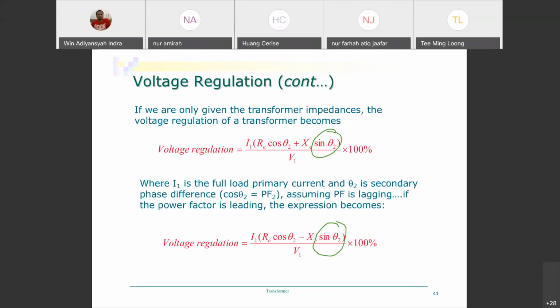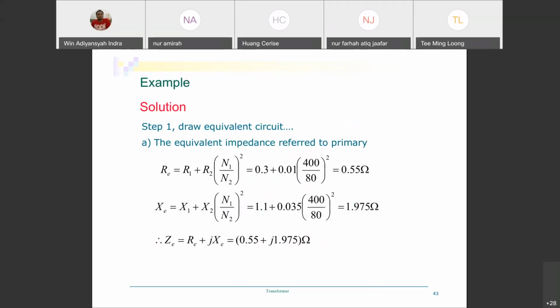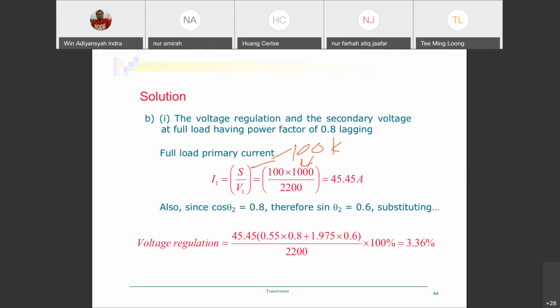Power factor is now, the formula is cos, right? VI cos. Power factor VI cos. So power factor cos, for example, 0.8. So how do you find sine?